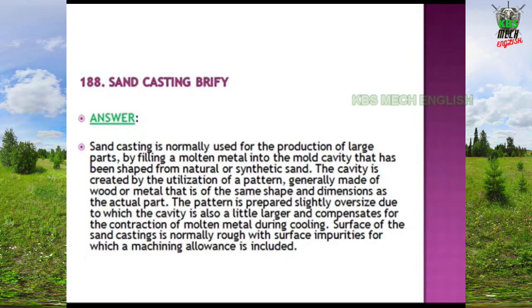The cavity is created by the utilization of a pattern, generally made of wood or metal, that is of the same shape and dimensions as the actual part. The pattern is prepared slightly oversized due to which the cavity is also a little larger, and compensates for the contraction of molten metal during cooling. Surface of the sand castings is normally rough with surface impurities, for which a machining allowance is included.